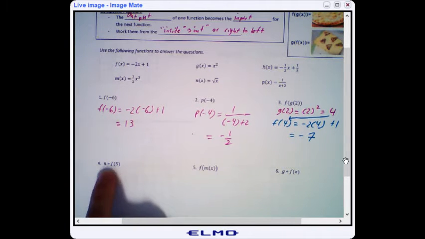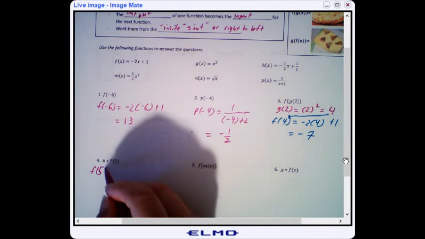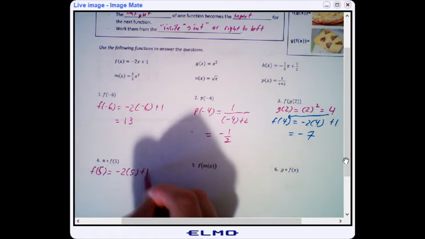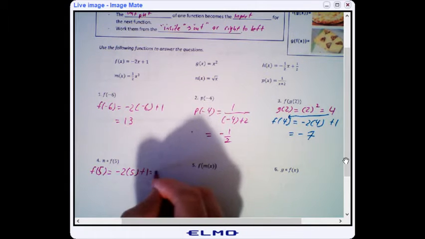And of f of 5, this is the same thing, it just looks a little different with the format. So again, we're starting with the inside or the last one. So we're going to go right to left. We're going to start with f of 5, the one closest to the number. So -2 times 5 plus 1, which is going to give me -9.